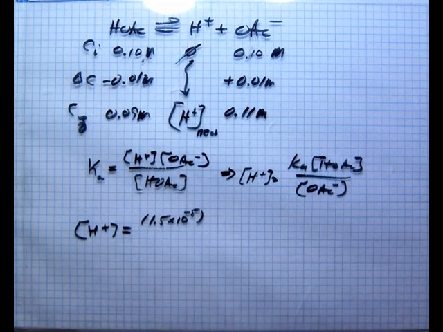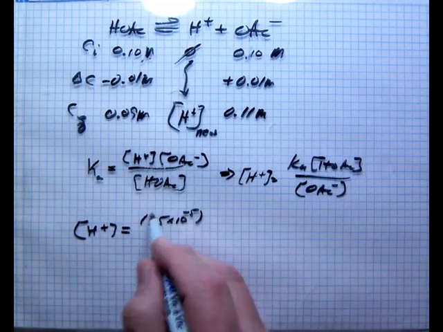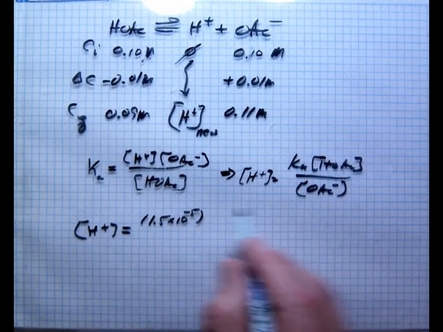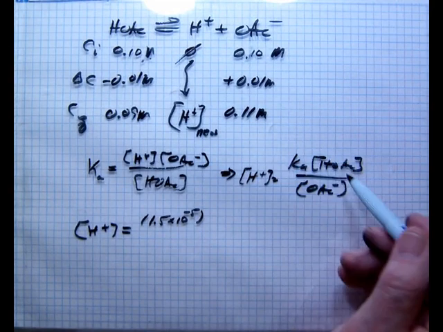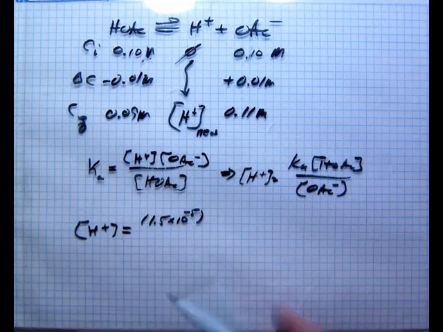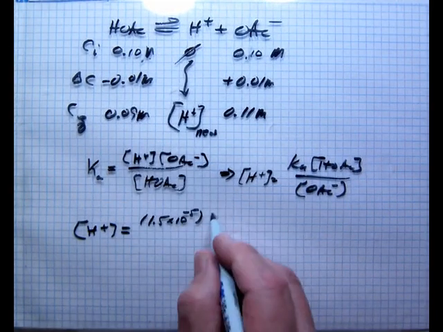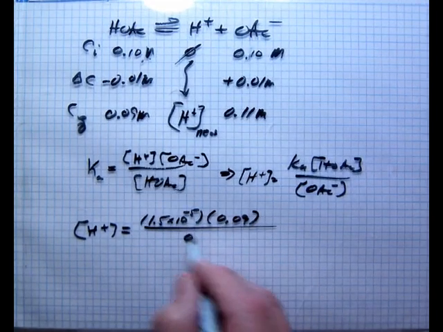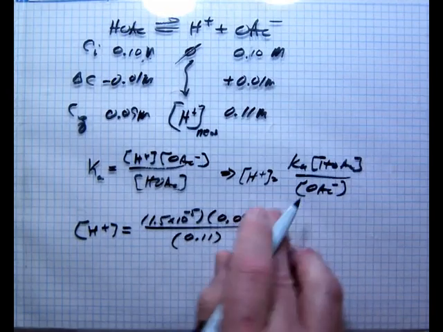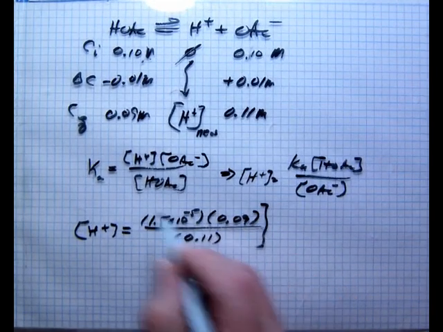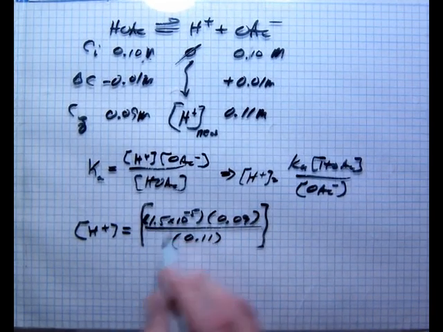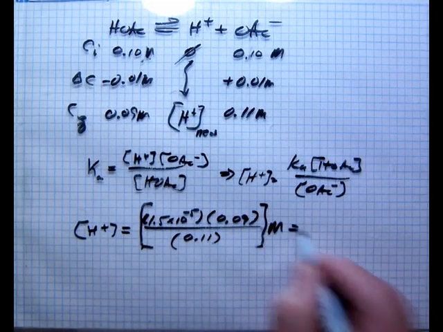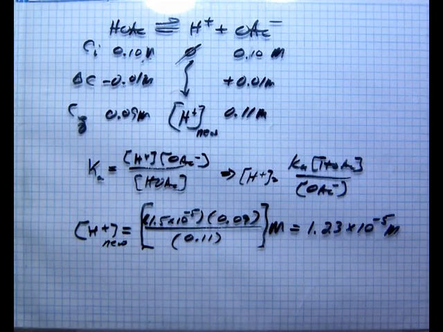Now that K value is a constant, and you look it up in the tables, and that'll be given. But the new acetic acid concentration in solution, you have to calculate. And it all comes out in moles per liter.